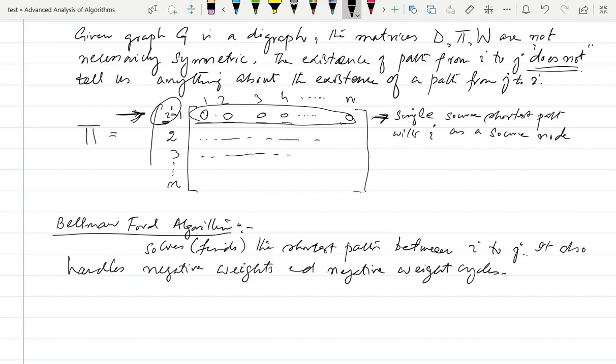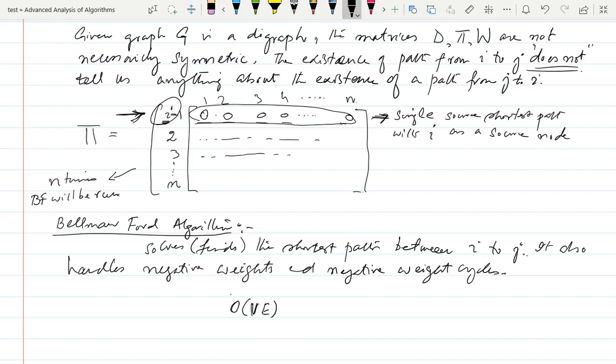So in this case, n times Bellman-Ford will be run. So if we know the time complexity of Bellman-Ford, then what we can do is we just have to multiply it with n.